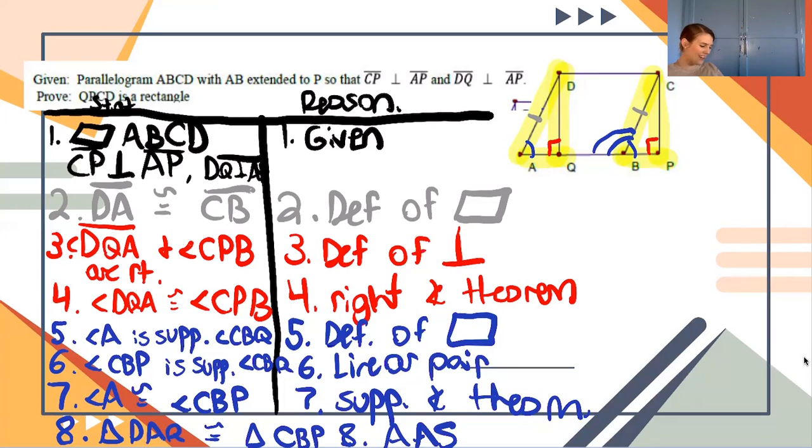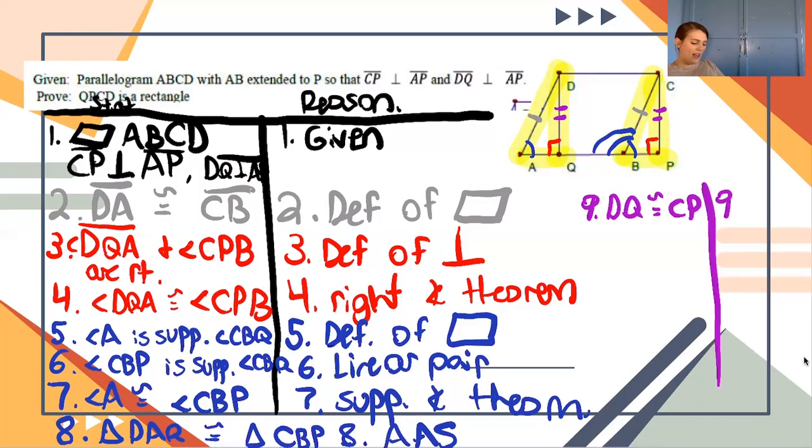There are two more. So after we prove those congruent, I can prove that DQ, I'm going way over here, y'all, is congruent to CP because of CPCTC.